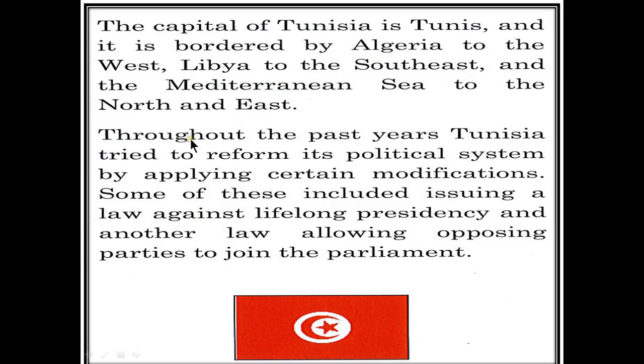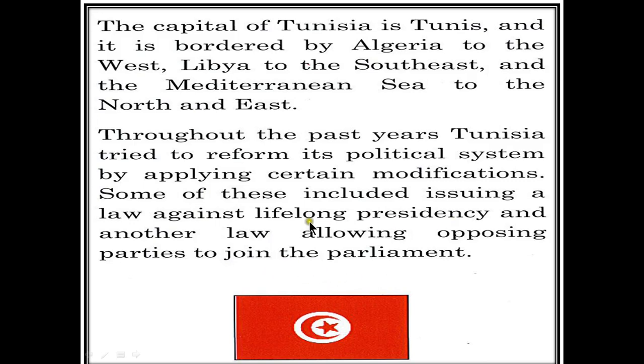Throughout the past years, Tunisia tried to reform its political system by applying certain modifications, and some of these included issuing a law against lifelong presidency, and another law allowing opposing parties to join the parliament.